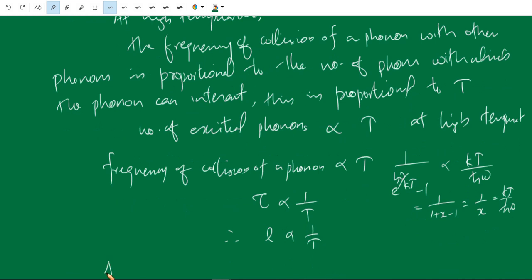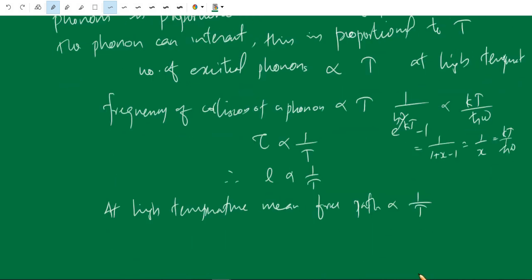So at a high temperature the mean free path is inversely proportional to the temperature of the specimen.